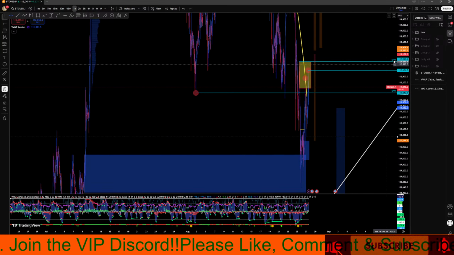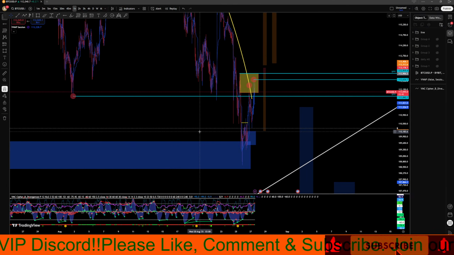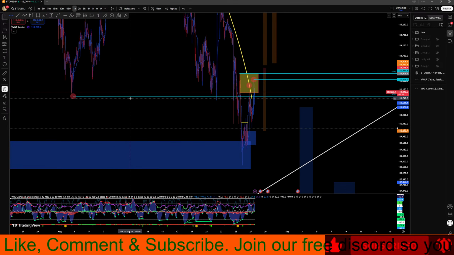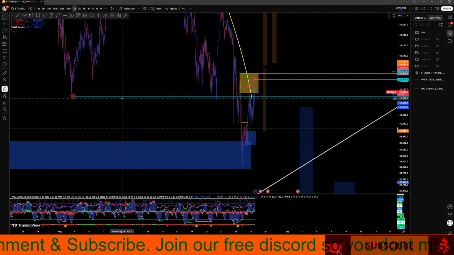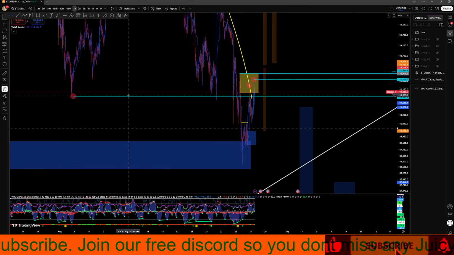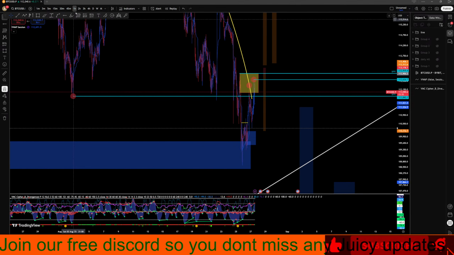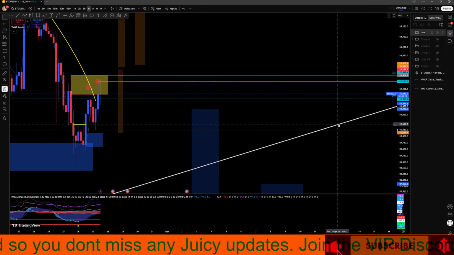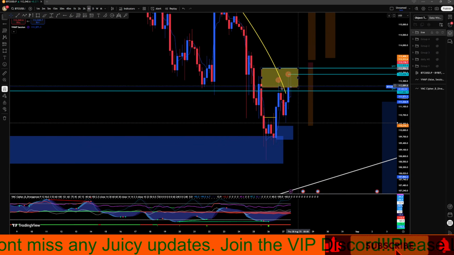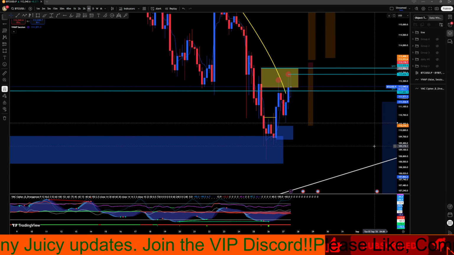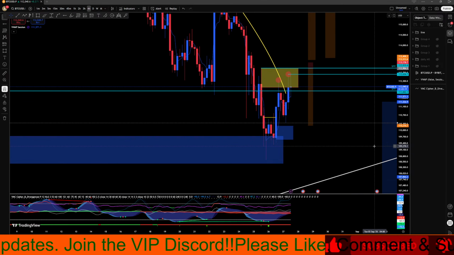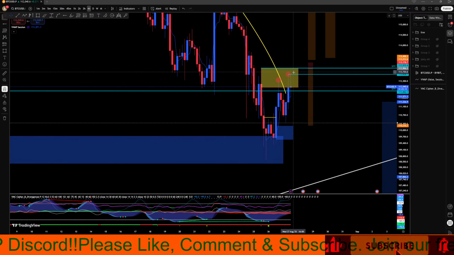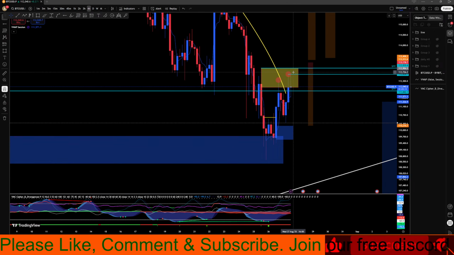We did reclaim a pretty important level, which is this level right here, 111,800. Ideally, I'd like at least a 4-hour close above, but my key area to look for is above 113.